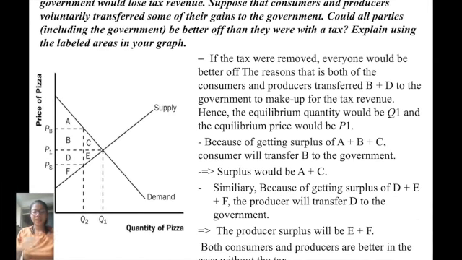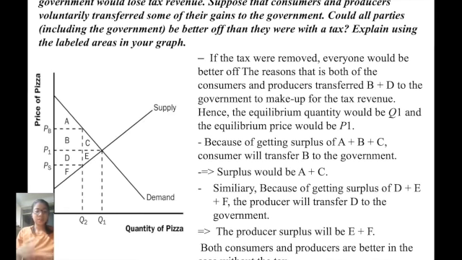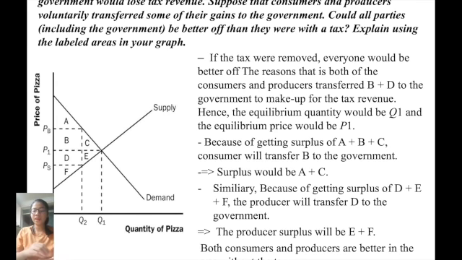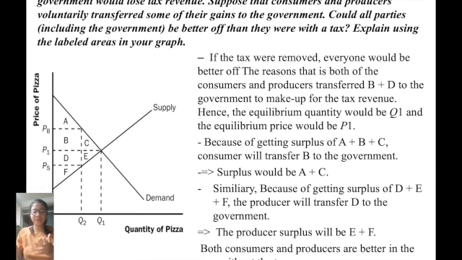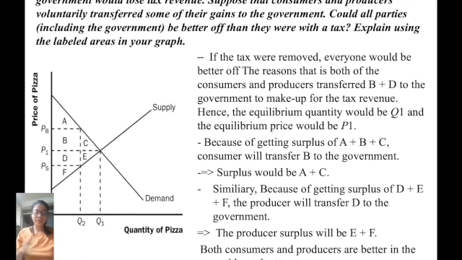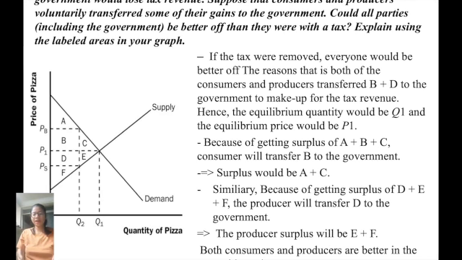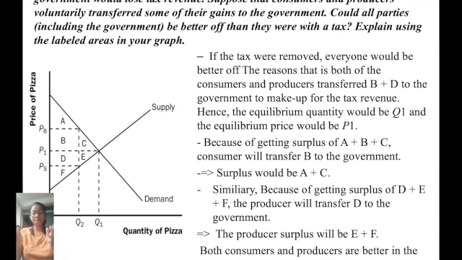Because of getting surplus of A plus B plus C, the consumer will transfer the P area to the government. So the result is the consumer surplus will be the area of A plus C.